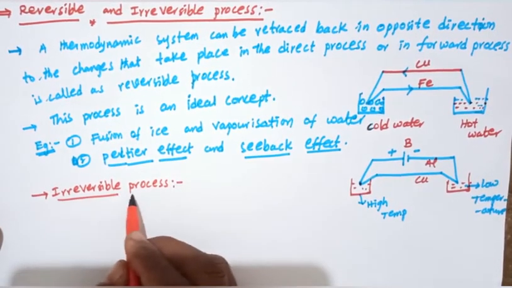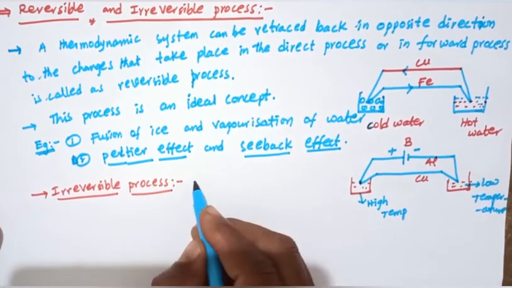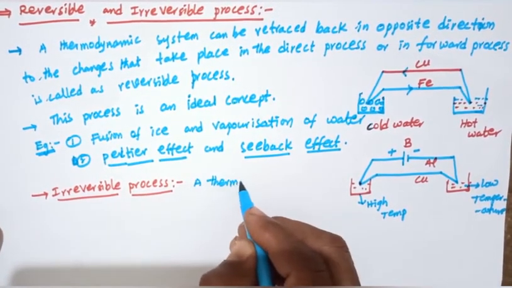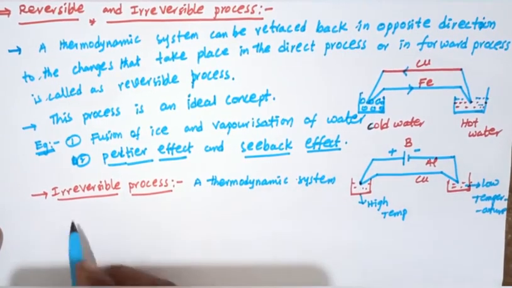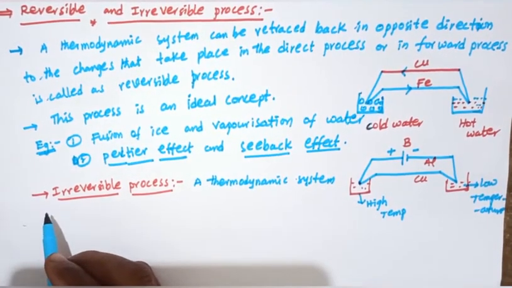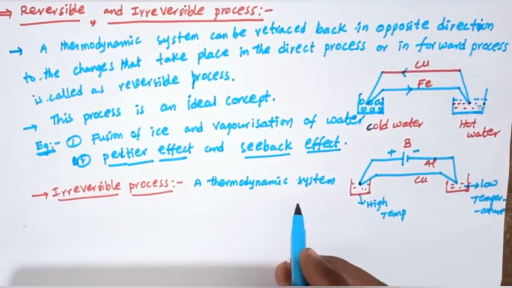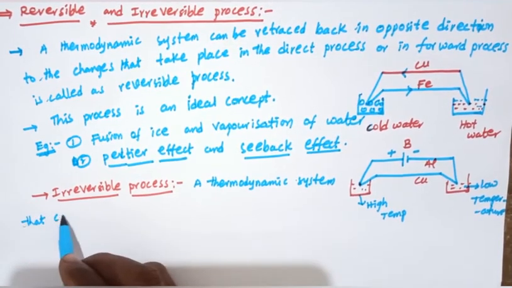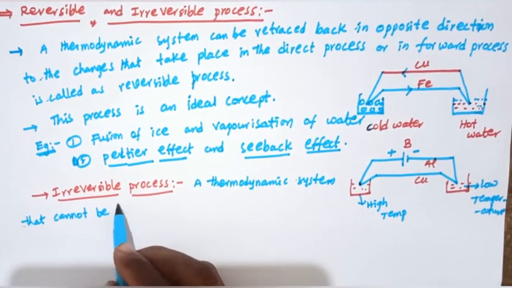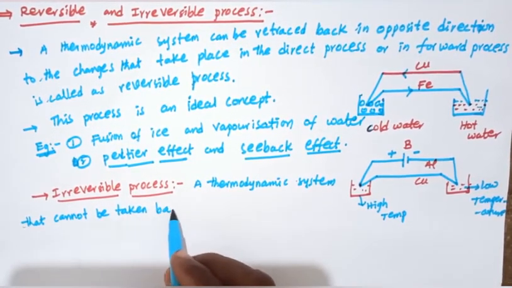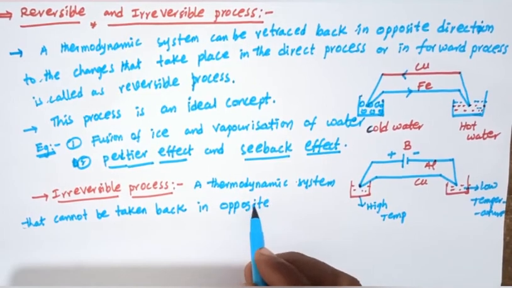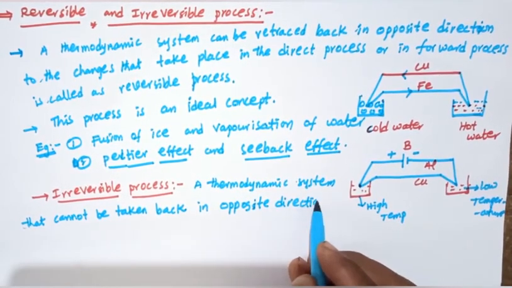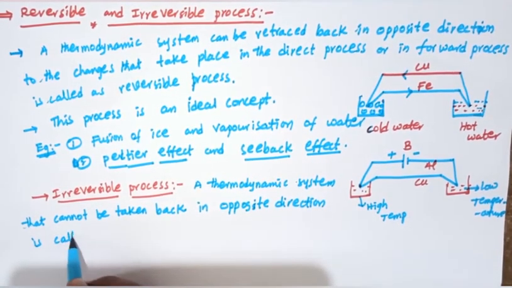The definition: a thermodynamic system or thermodynamic process that cannot be taken back in the opposite direction is called an irreversible process.